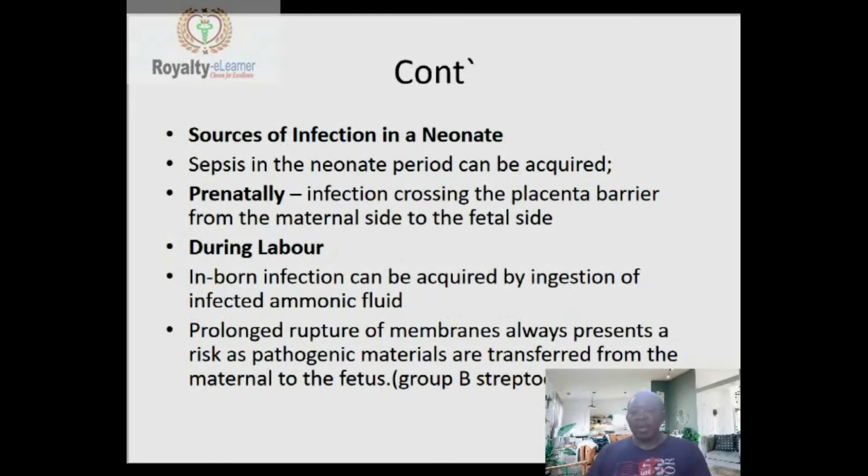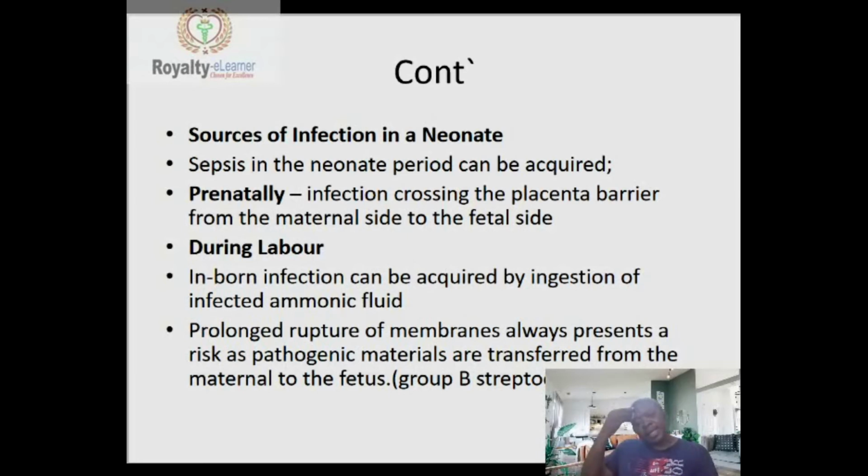Let us now look at some of the sources of infection in the neonates. Sepsis in the neonate period can be acquired. Prenatally, infection crossing the placenta barrier from the maternal side to the fetal side may be a source of infection in a neonate. During labor, inborn infection can be acquired by ingestion of infected amniotic fluid.